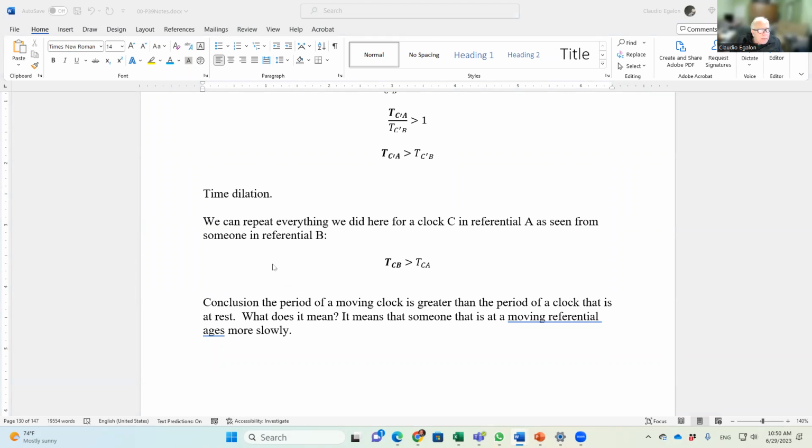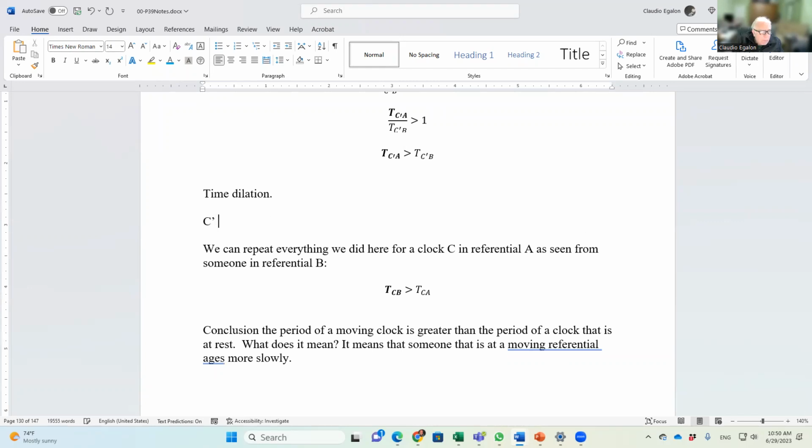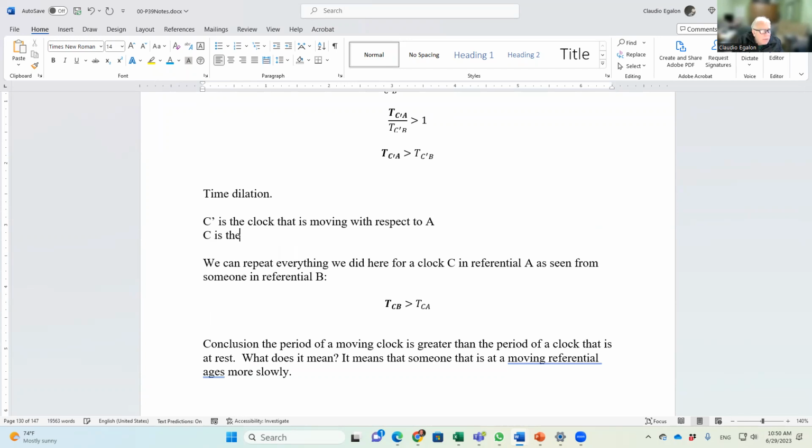C prime is the clock that is moving with respect to A. C is the clock that is moving with respect to B. C prime is the clock that is at rest with respect to B and moving with respect to A.